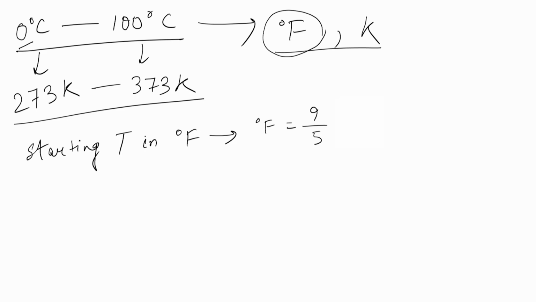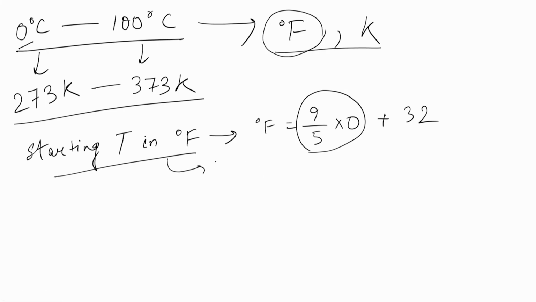Here degree C is 0, so this term becomes 0, plus 32. So, the starting temperature in Fahrenheit scale will be 32 degree Fahrenheit.